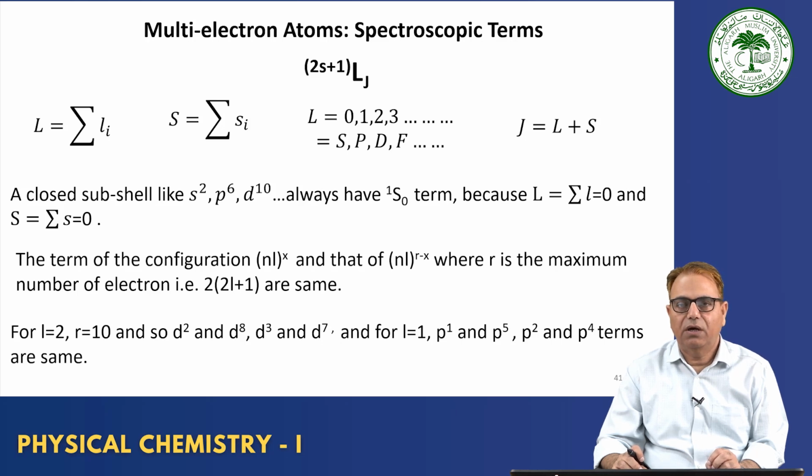So the total orbital angular momentum is denoted by a capital L symbol, and it is simply the summation of all li.